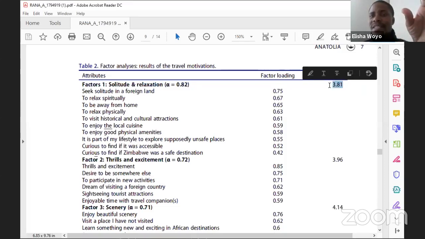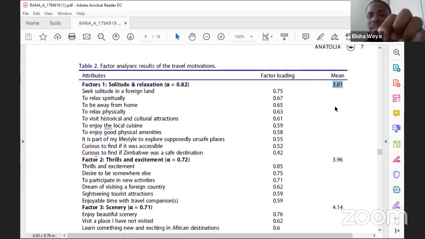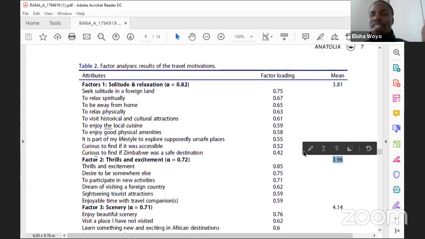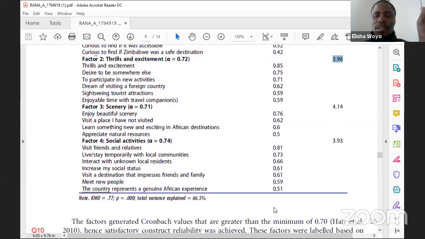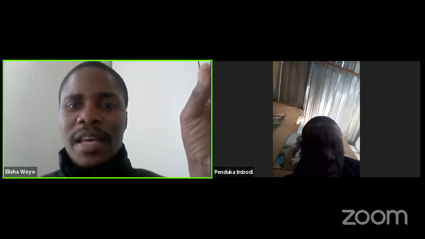So this mean is part of descriptive results. I cannot really infer anything about this mean except that I am describing this factor with that mean. So it's quite important for people to make sure that they go beyond descriptive results.